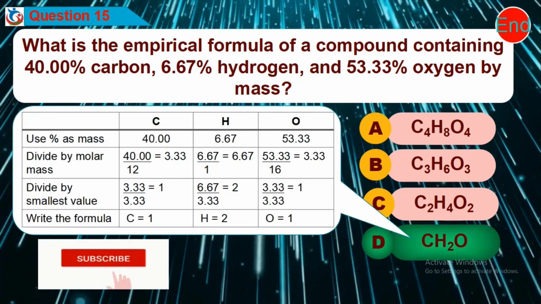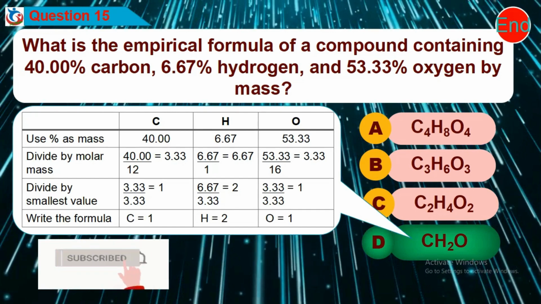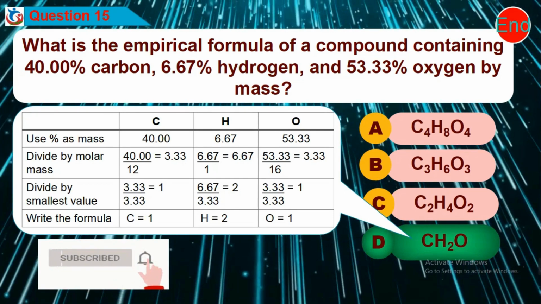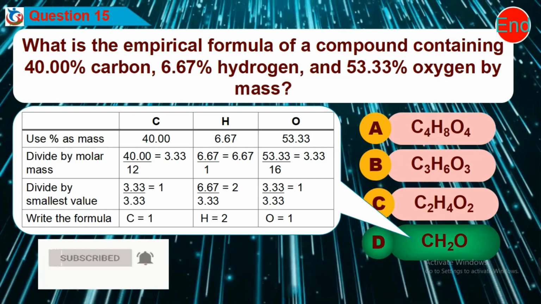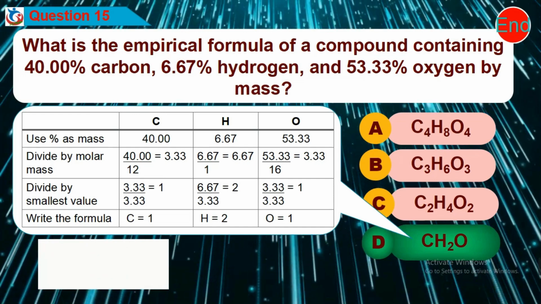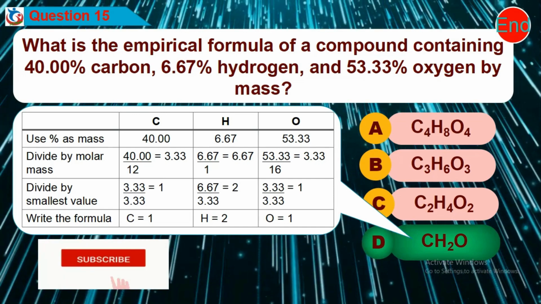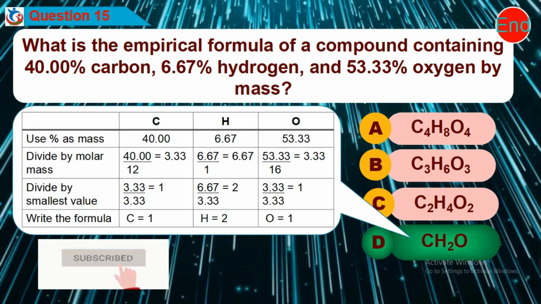Remember the simple way of calculating empirical formula. The first thing is to write out the elements. Here we have carbon, hydrogen, and oxygen. And if you sum up the percentages, you know that it is equal to 100%.